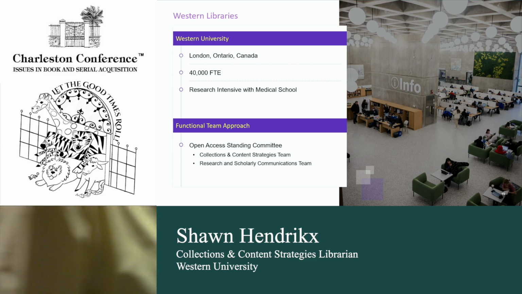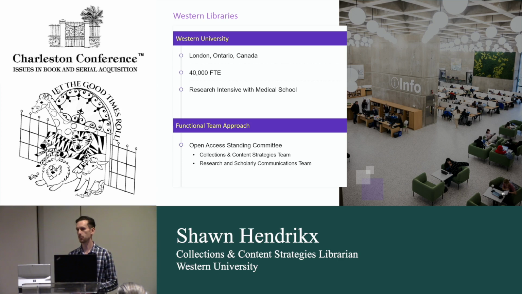So we have an open access standing committee, which is composed of collections librarians such as myself, and research and scholarly communications librarians and others who want to participate in that group.